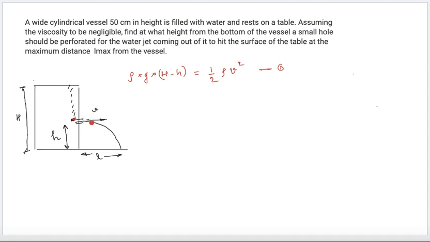From this velocity we can find out this length. So length is equal to velocity into time. Now we have to find out what time it takes for a water droplet leaving this point to reach the bottom, right? So the vertical velocity is 0.